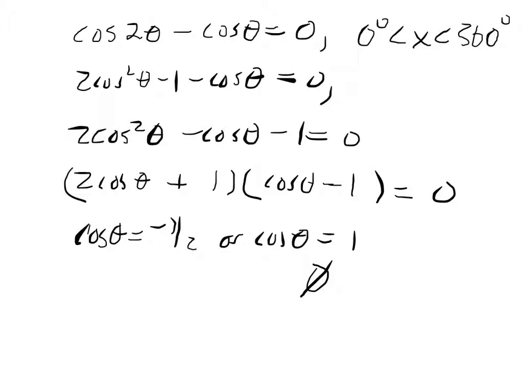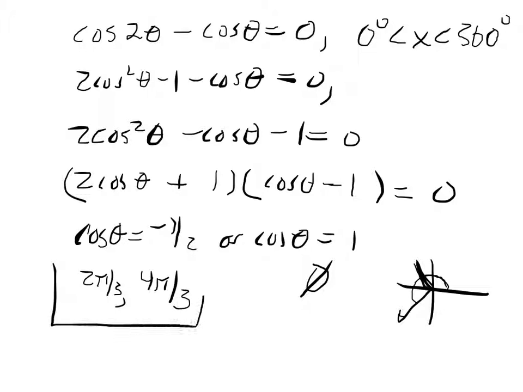Cosine theta equals -1/2 at, let's see, spinning around, cosine theta is negative over here. For it to be 1/2, that's going to be a 2 pi over 3. And if I keep spinning around a little further down to here, that's going to be a 4 pi over 3. So two solutions here.